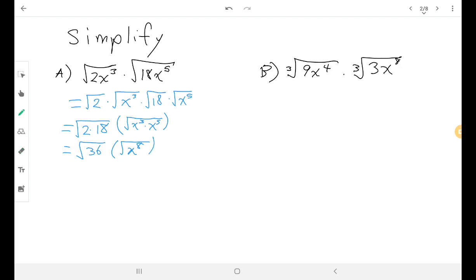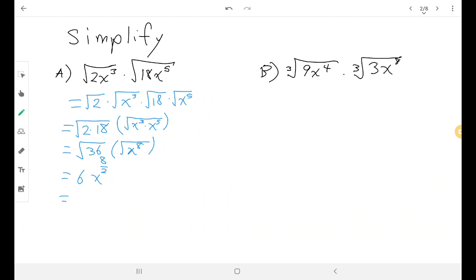So just a little reminder about that. And then the square root of 36 is 6, because 6 squared is 36. And I want to write this as a fractional exponent. That'll be x to the, square root means the bottom of the fraction is a 2, and the exponent tells you the top of the fraction.